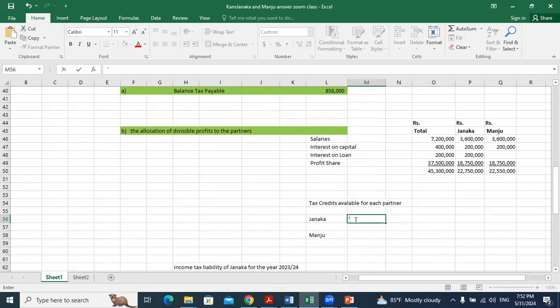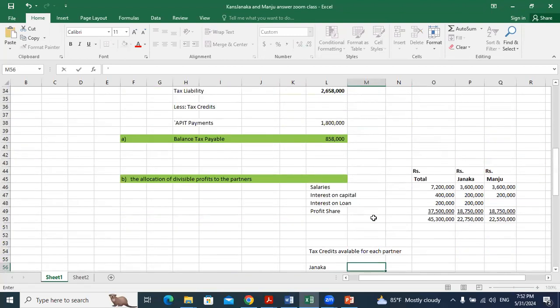Let me write the formula. 2,658,000 divided by 45,300,000 multiplied by this share, 22,750,000.